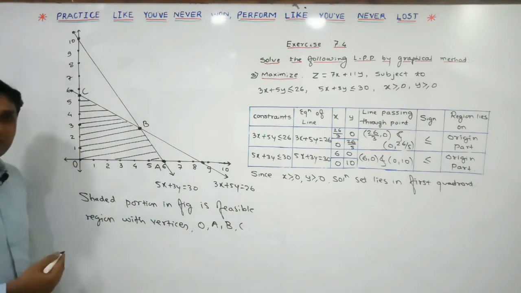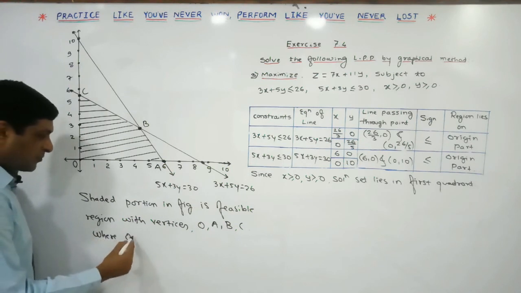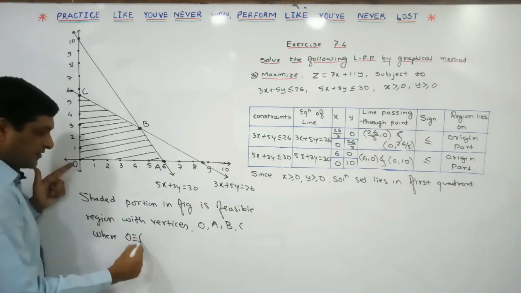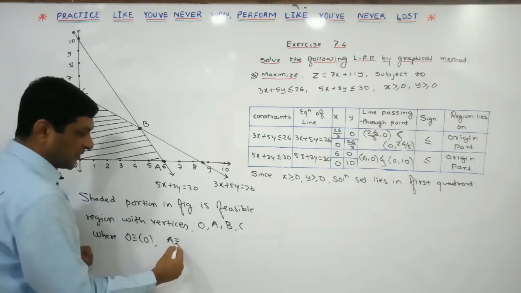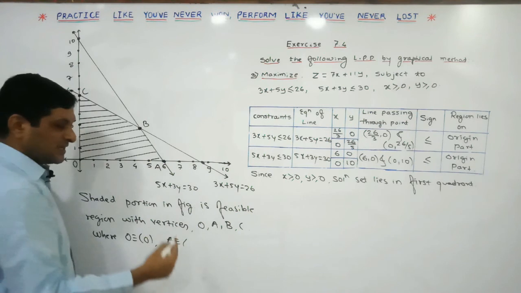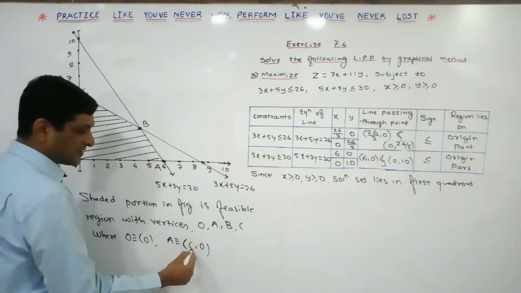Now we are trying to find the coordinates of these vertices. What are the coordinates of the origin? 0. Then find the coordinates of vertex A. A is a point on which axis? X axis. So its y coordinate is 0, and what is the value of the x coordinate here? 6.